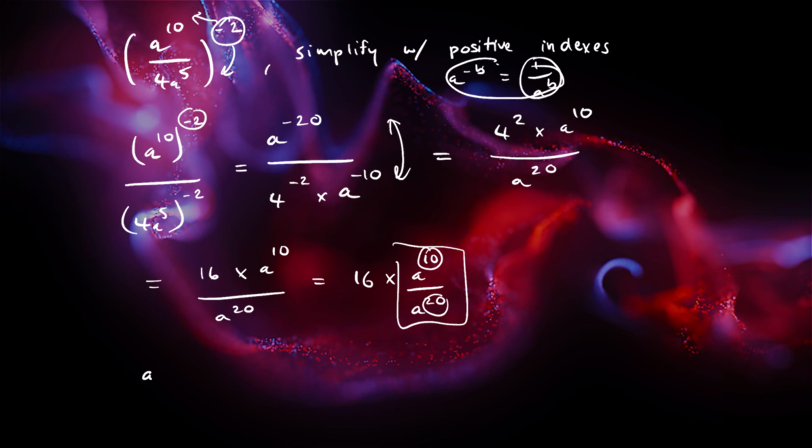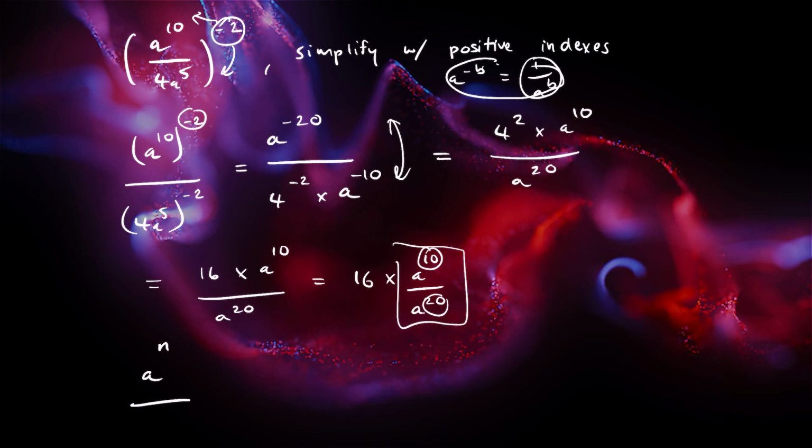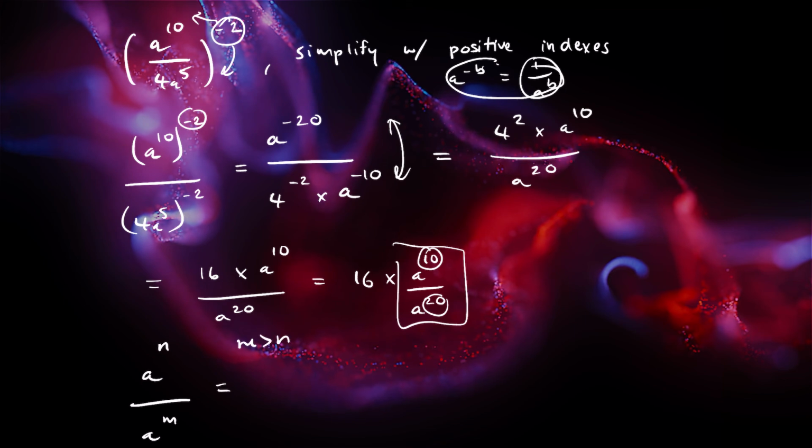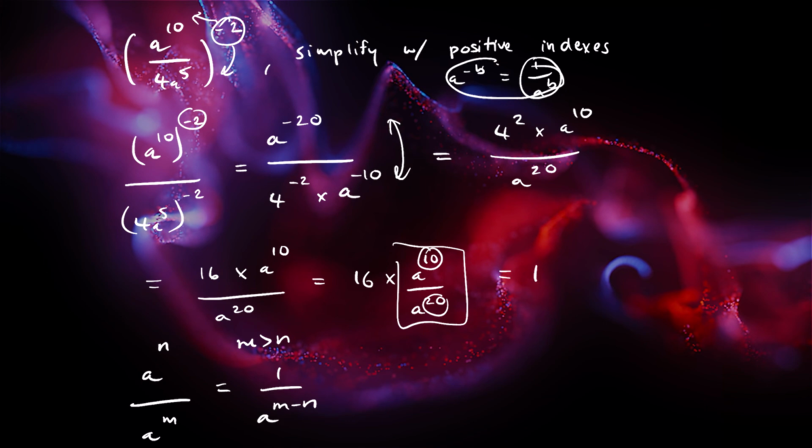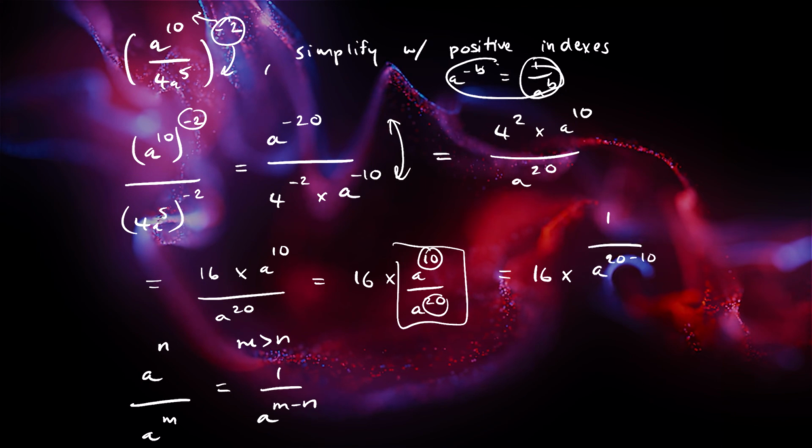So if I've got a to the power of n over a to the power of m, and we're assuming that m is larger than n, this is the same as 1 over a to the power of m minus n. So I'm going to apply that rule right here, which says that we've got 16 multiplied by a to the power of 20 minus 10 over 1. So this is going to be equal to 16 multiplied by 1 over a to the power of 10.